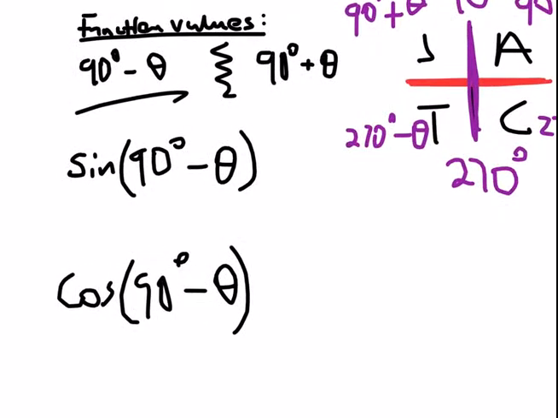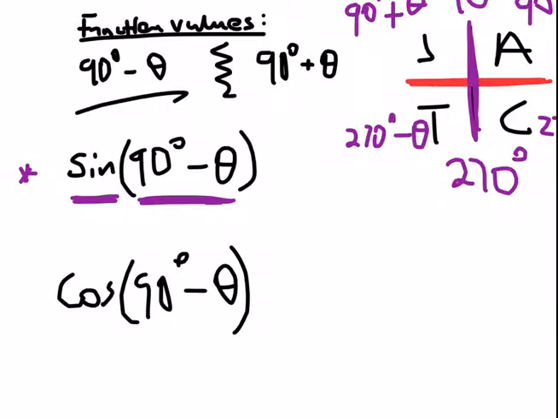Now how do we reduce that? This is exactly how you interpret it. You see there you have 90 minus an angle. The first thing you ask yourself is, in which quadrant does this fall? That you already know. It falls in the first quadrant. Then you say, in the first quadrant, is this positive or negative?